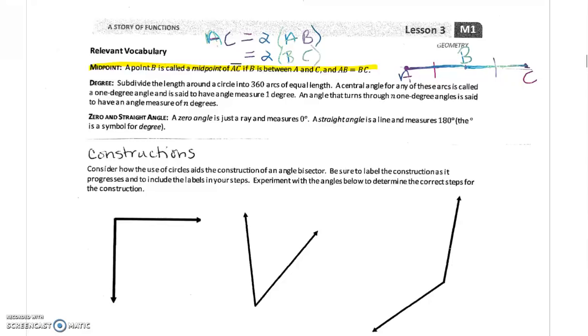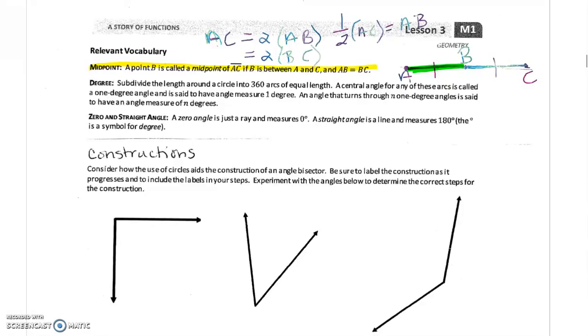Okay, it takes 2 of these little things, takes 2 of these to make the whole segment. Or you could do the halves as well, right? You could say that half of AC equals AB.